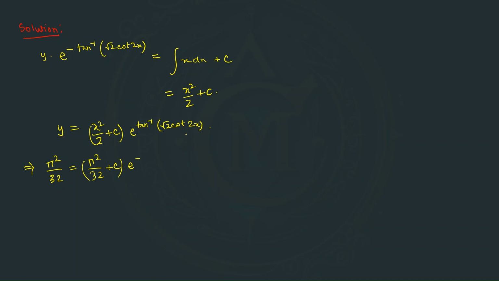So cot of pi by 2 is 0 and tan inverse 0 is 0. So this will be e to the power 0. So 1. That means c is equal to 0. So the function y comes out to be x square divided by 2 times exponential tan inverse root 2 cot of 2x.